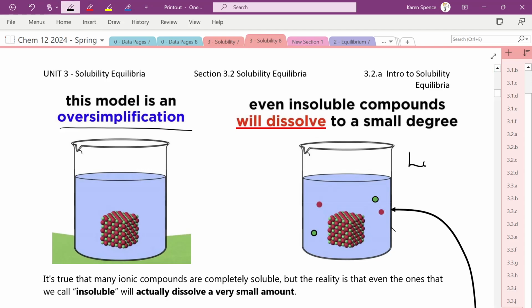So this here would be low solubility because it's not that it doesn't dissolve at all. It just dissolves only a little teeny tiny bit. Something like 10 to the negative 15 molar, or smaller. That would be the concentration. Tiny concentration.